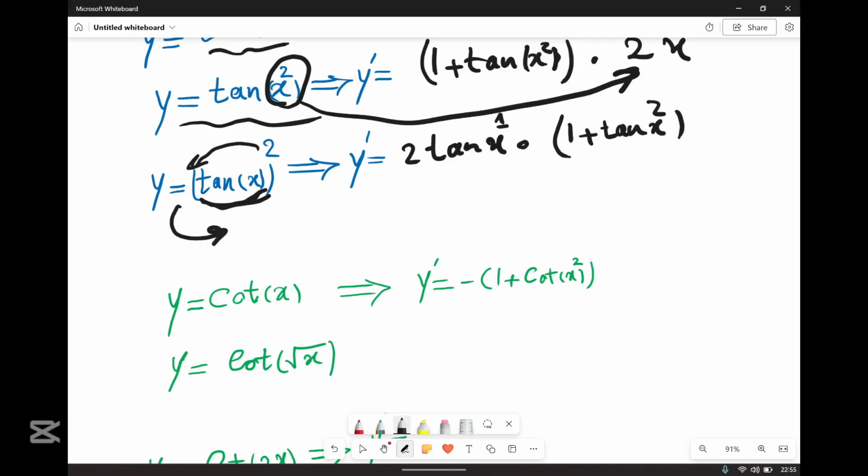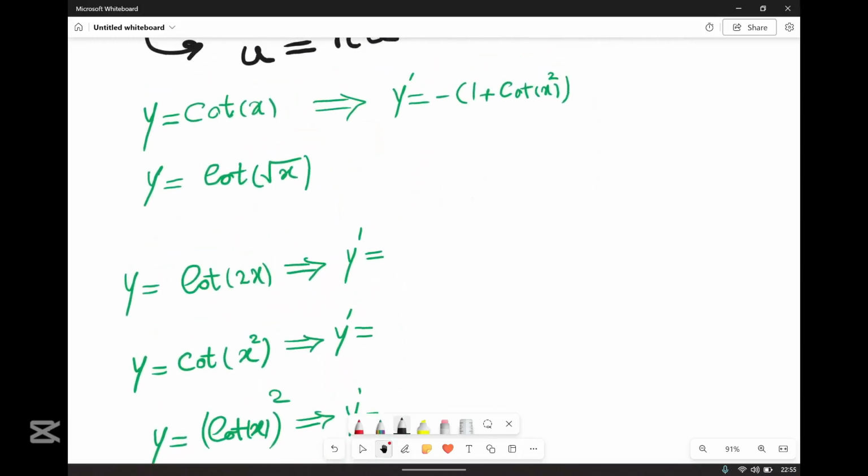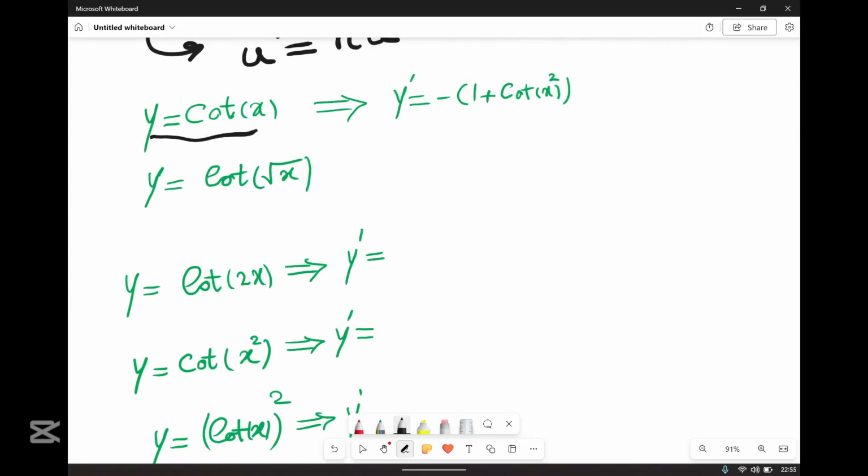And why do we follow this procedure? Because it's u power n, and if you calculate the derivative, it is n u to the n minus 1 multiplied by u prime. But the last trigonometric ratio is cotangent. Guys, the cotangent procedure is like tangent, it is 1 plus cotangent power 2.